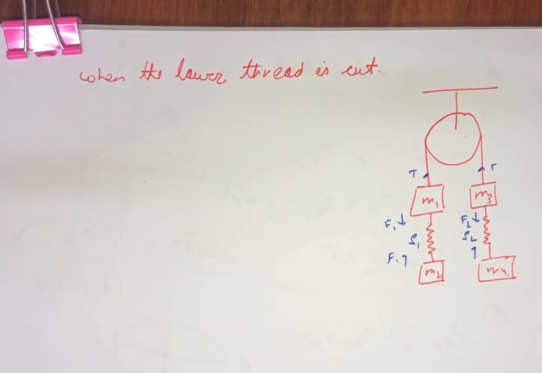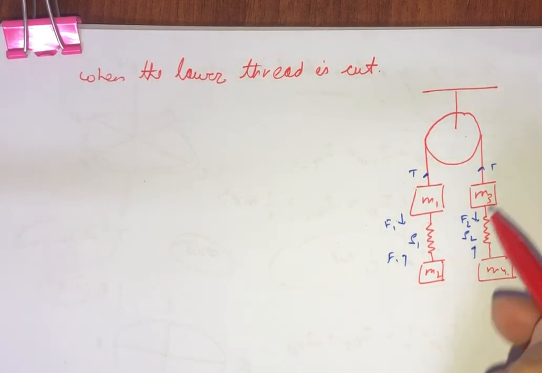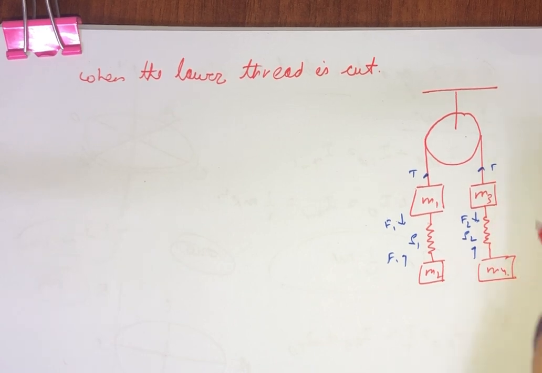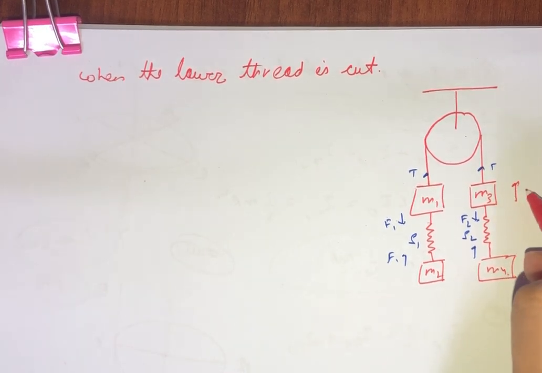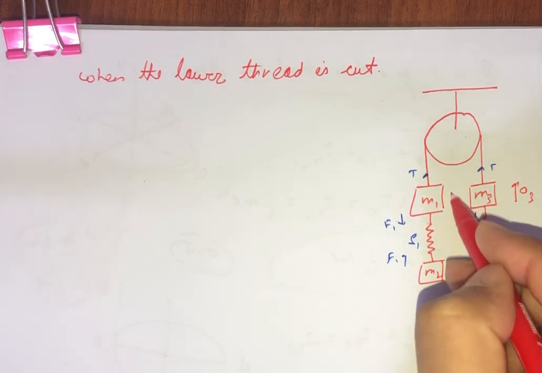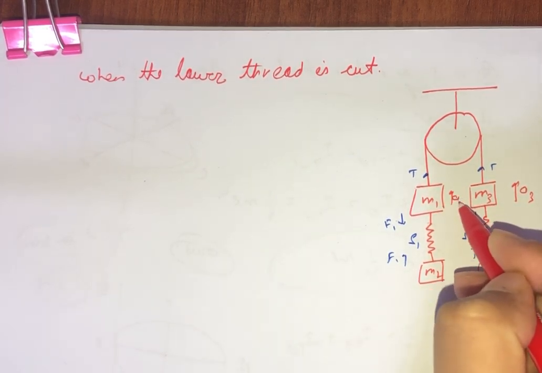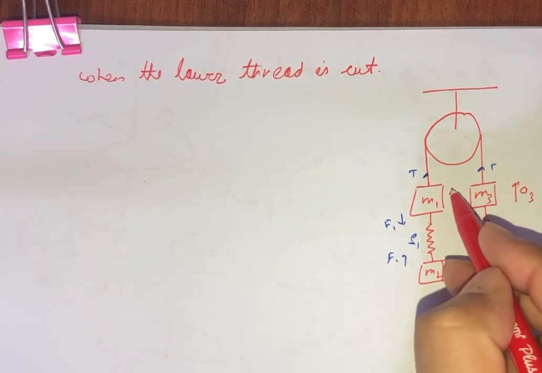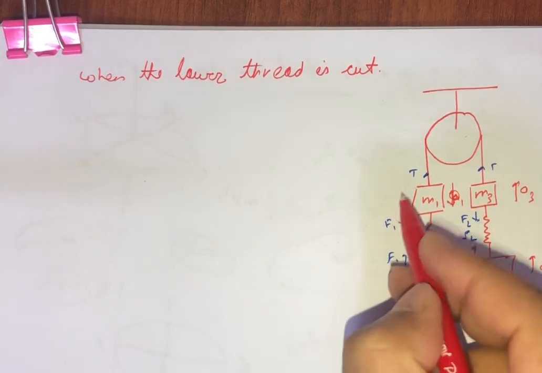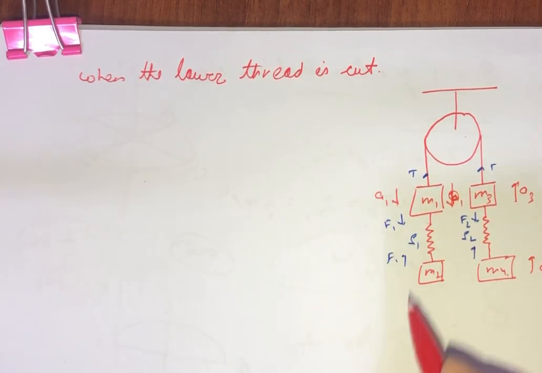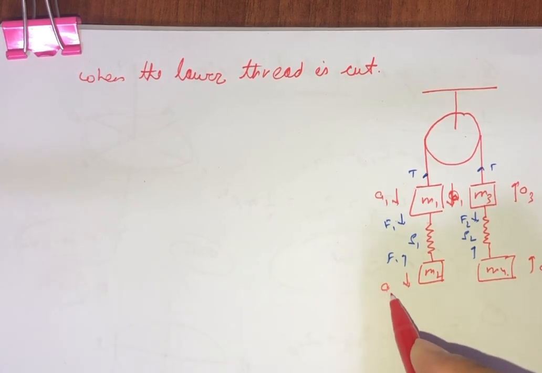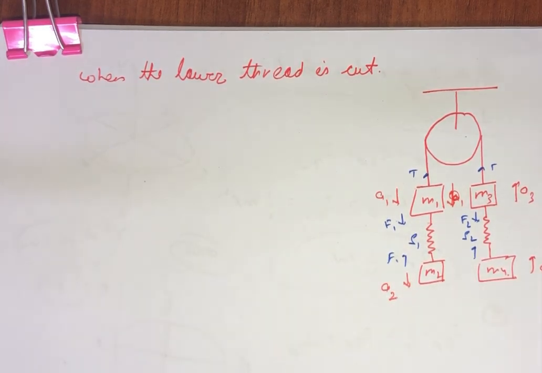And in this case we say that these are moving with acceleration. M3 is moving with acceleration A3, M4 is moving with acceleration A4, this is moving upward in the direction A1, sorry, downward with A1, and this is moving downward with A2.